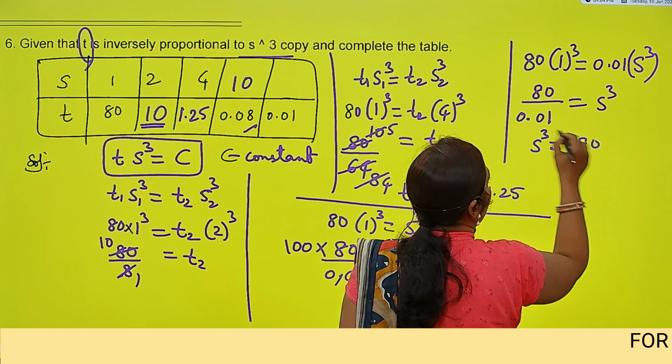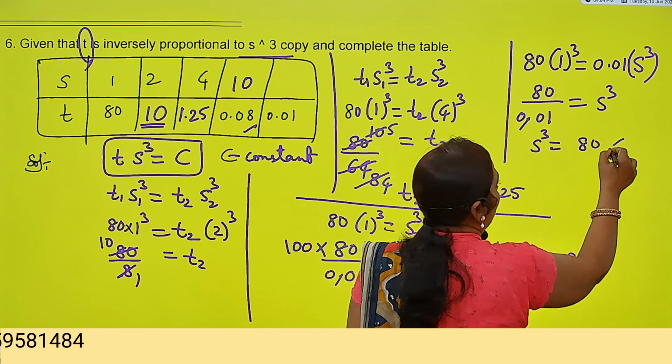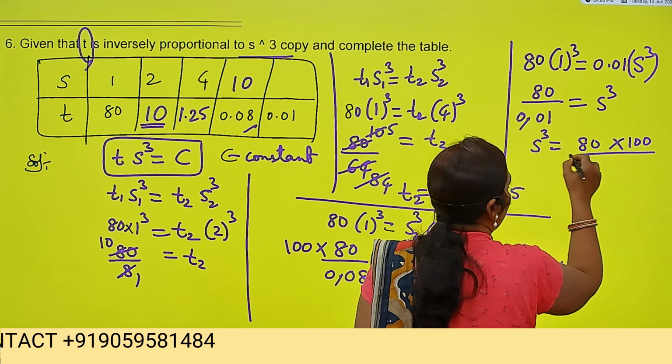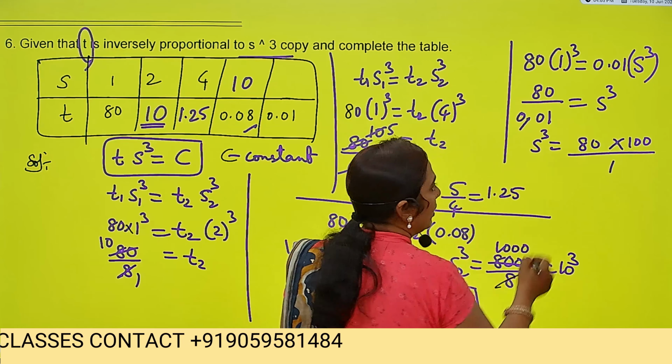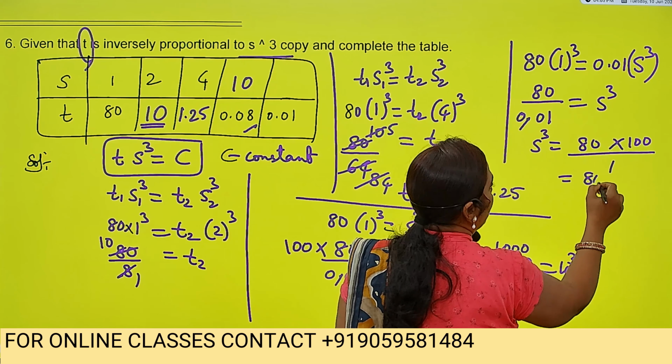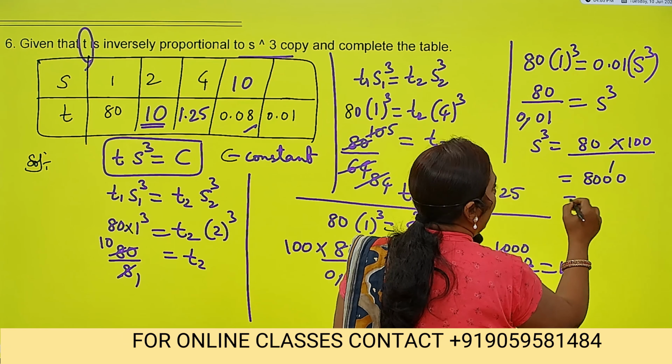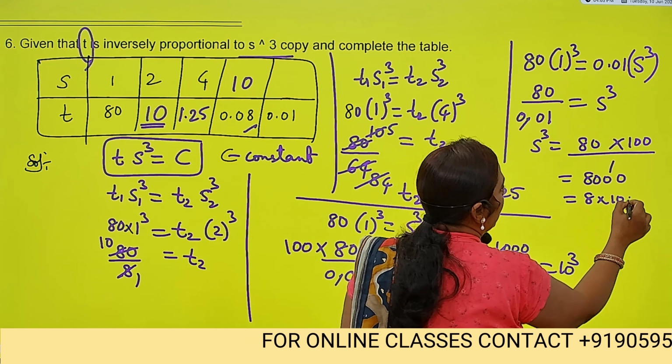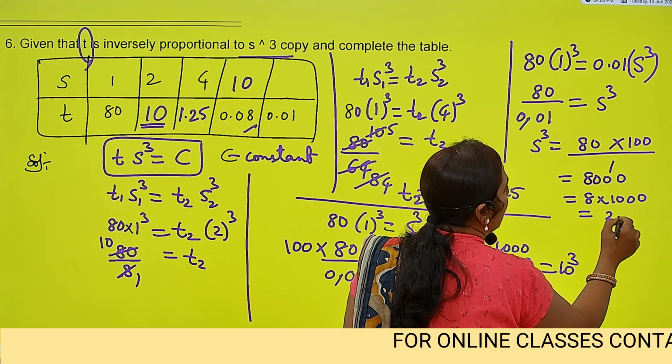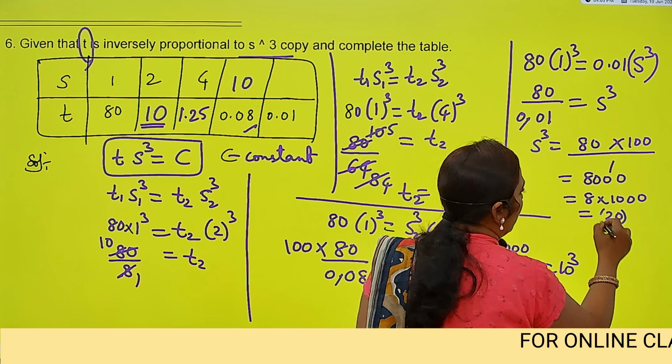Eliminating the decimal point by multiplying by 100, it is equal to 8000, 8 into 1000, that is 20 whole cube.